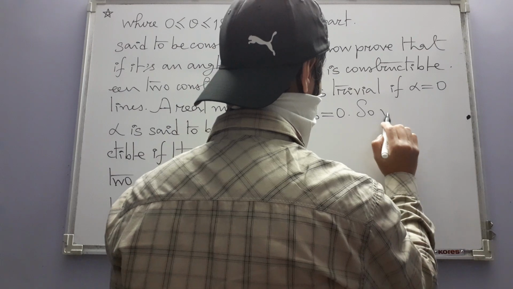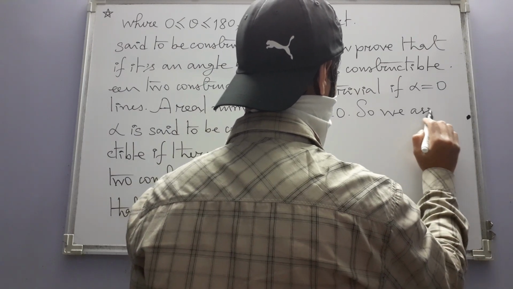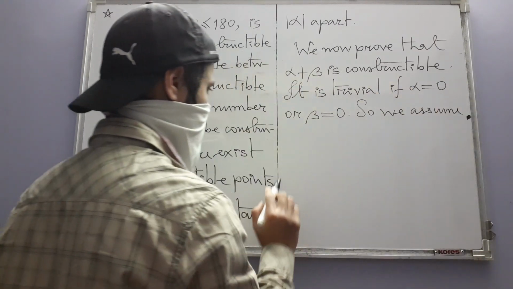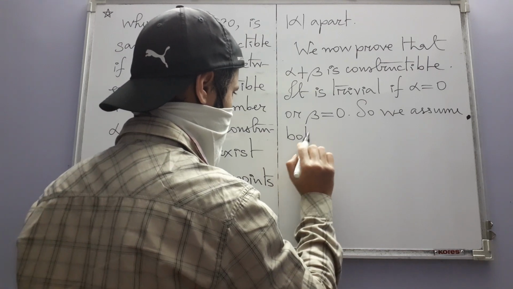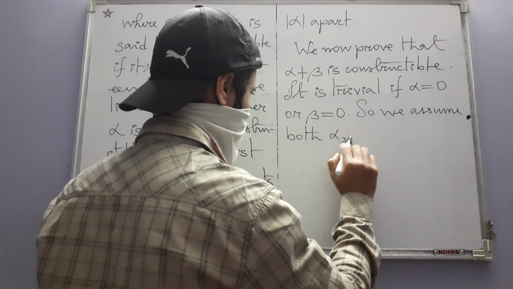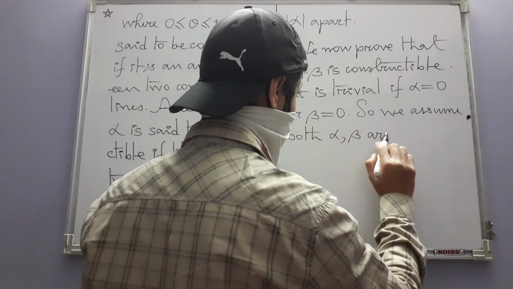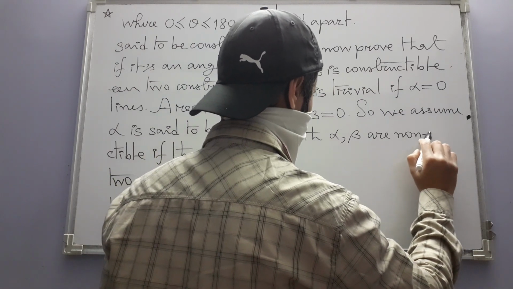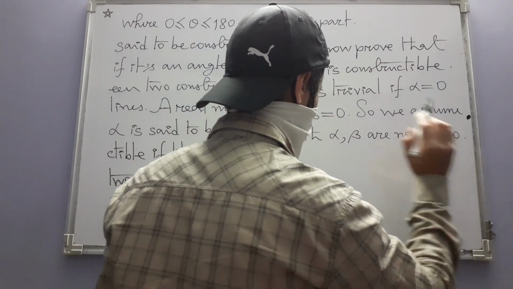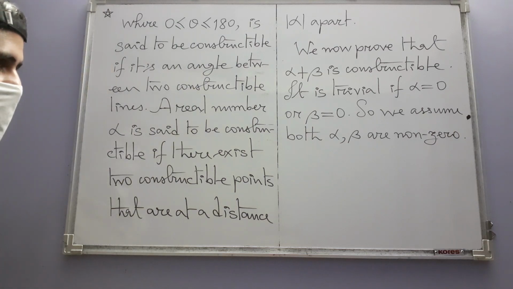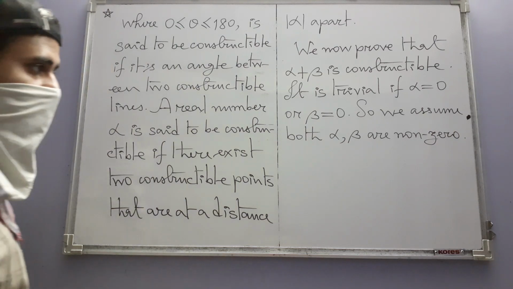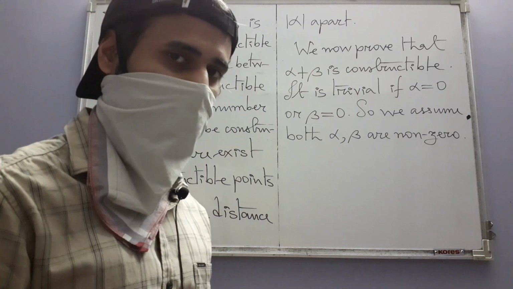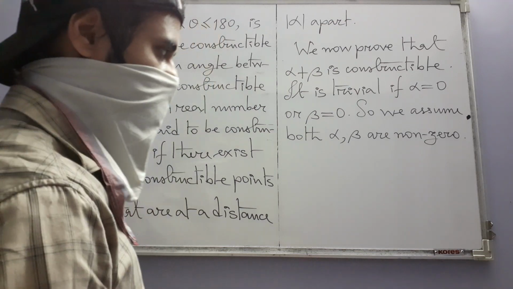So we assume both alpha, beta are non-zero real numbers, and keep in mind that it is given that both of them are constructible.